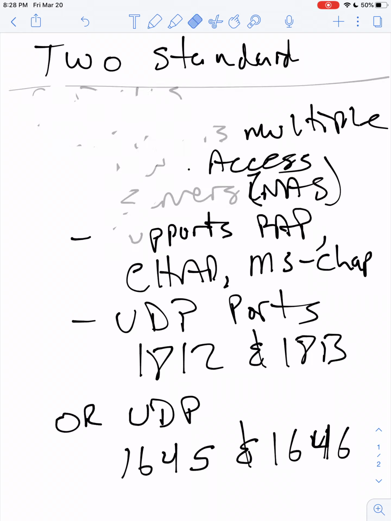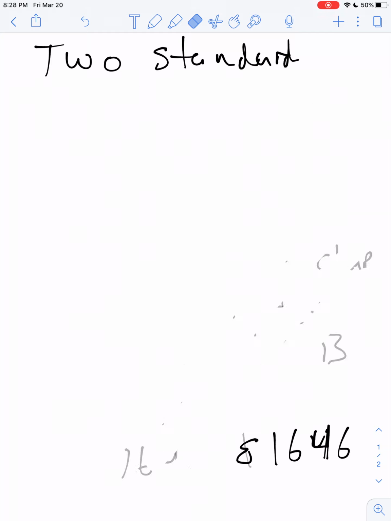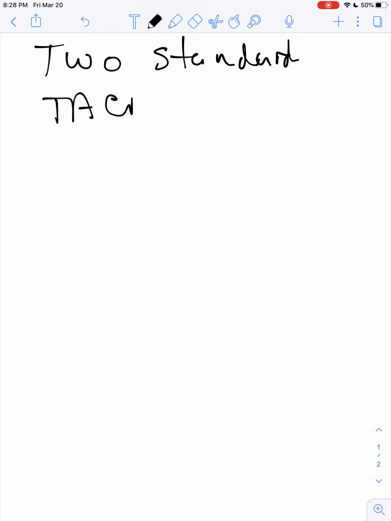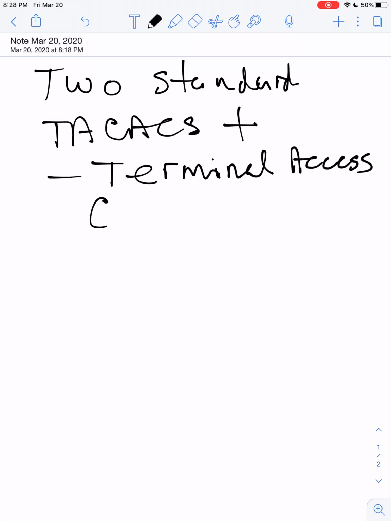Our TACACS Plus protocol, again, was developed by Cisco. It stands for Terminal Access Controller Access Control System Plus.